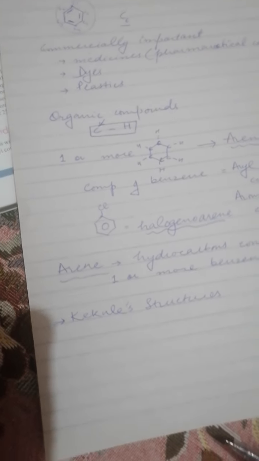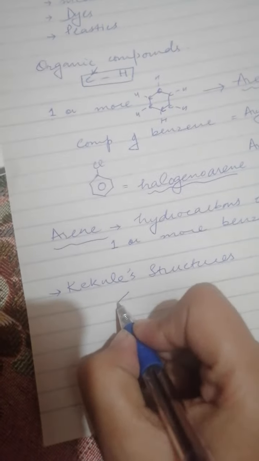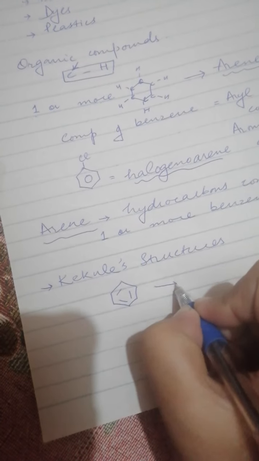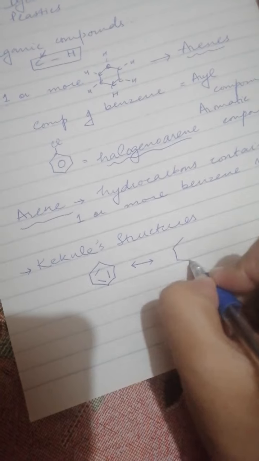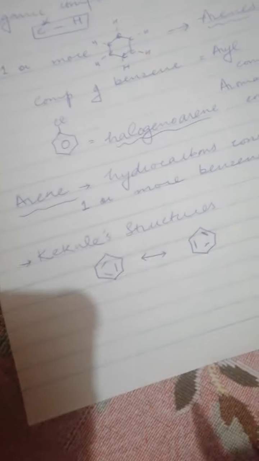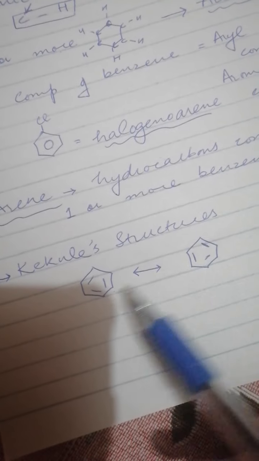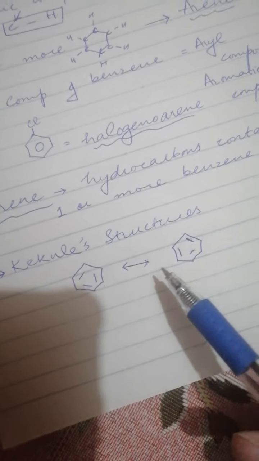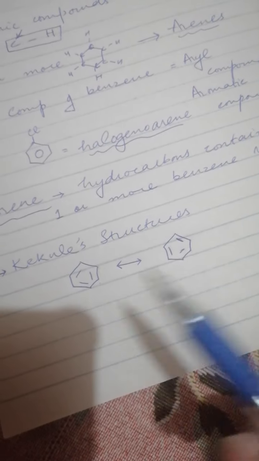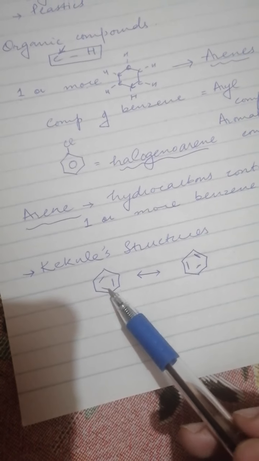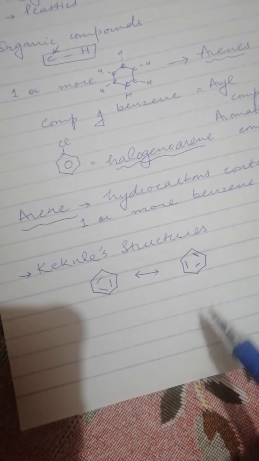He also gave two alternates, where the bonds can be in alternate positions, so two alternate benzene structures can be formed. These were the Kekulé structures, which state that the benzene ring contains three double bonds.